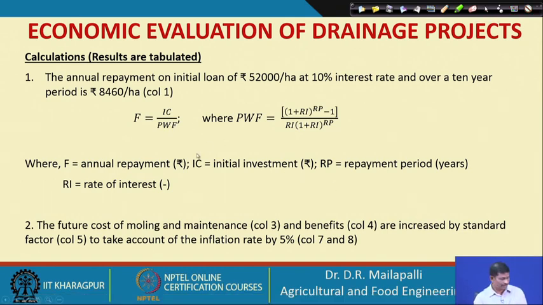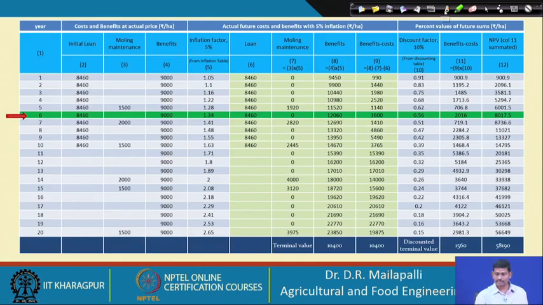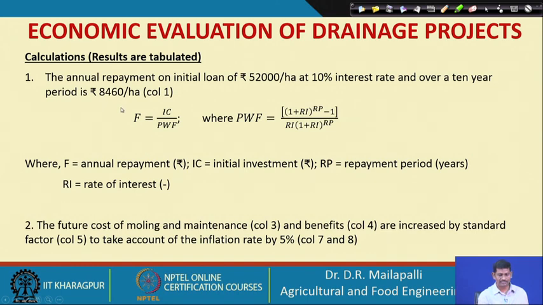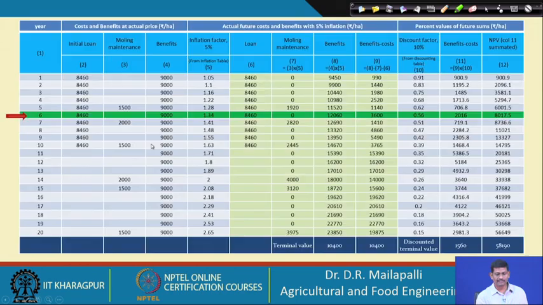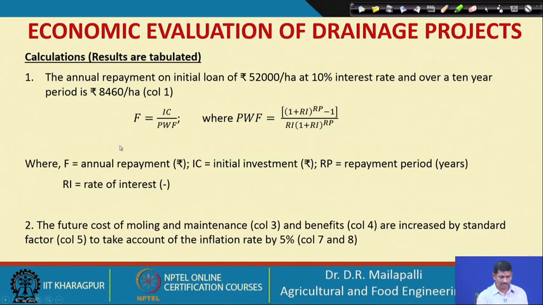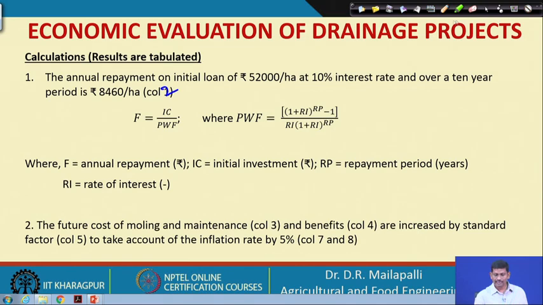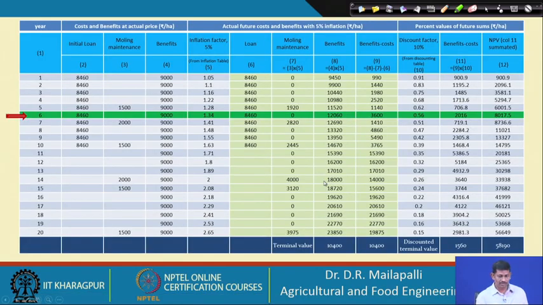The first column is the initial loan amount, with the annual repayment of 8,460 per hectare, which he has to repay every year. Then the second column is the loan amount. The next, the third column, is the future cost of molding and maintenance.